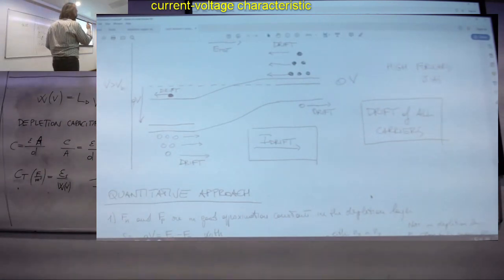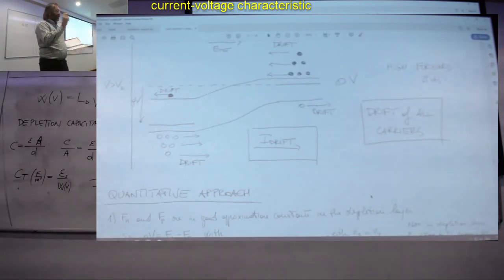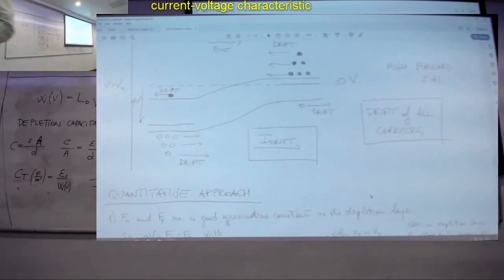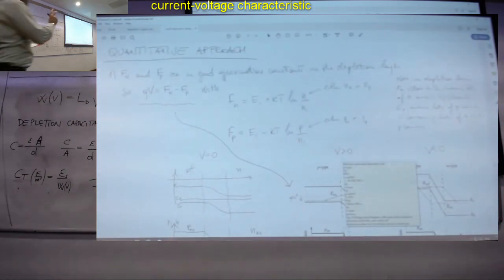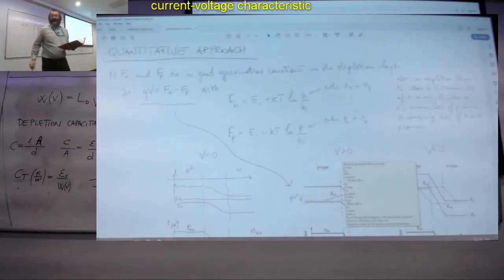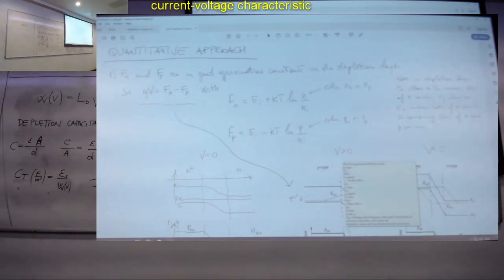I do like the qualitative approach for a physicist because it gives you the possibility to visualize things immediately. The quantitative approach is an absolute mess and disaster, and we will not do it because it's quite complex, but we will do some bits and pieces just to give you an idea of how it works.